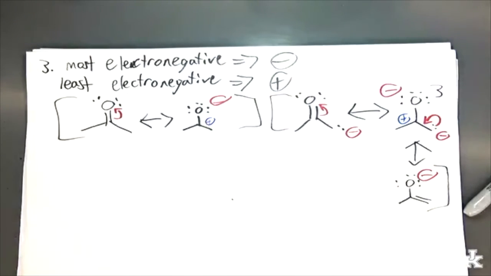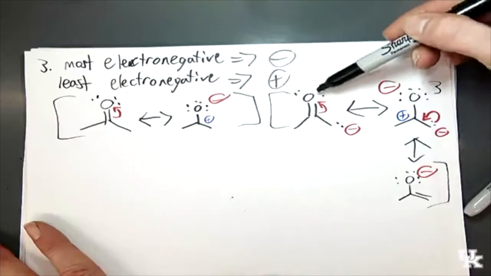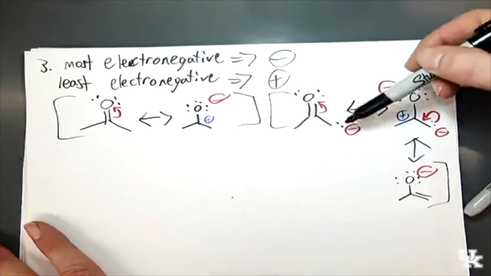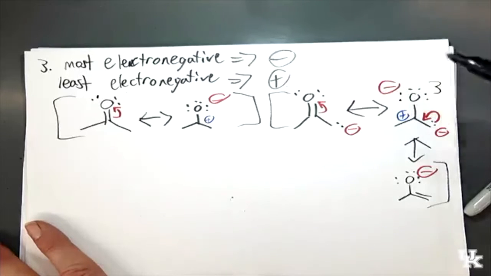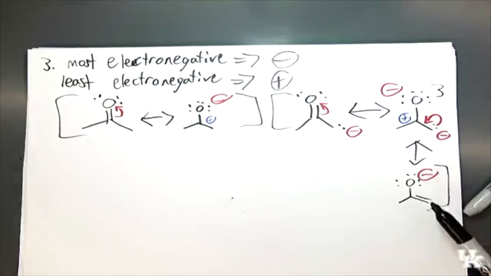All right, what about between the first and the third? This is why we're putting this structure under most electronegative atoms get the negative. Because instead of drawing this structure like here in this first one, where the negative charge is on the carbon, what it really looks like, if you could do the weighting again mathematically, is the third structure.